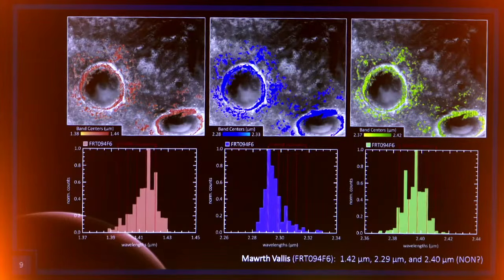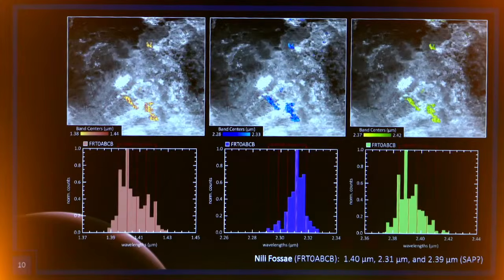In the case of Marsalis, we have bands centered at 1.42, 2.29, and 2.40, which is characteristic of nontronite on Mars. On the opposite, you have Nili Fossae, where you have bands at 1.40, 2.31, and 2.39, which is characteristic of saponite.